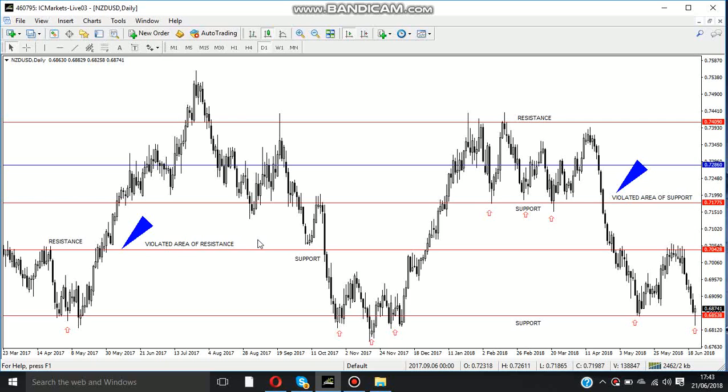So you've got this area here which was previously used as resistance when price tagged. It's come down to an area of support and it's rallied back up. In this move here, it was in a range. Price had broken out of that range and violated this area of resistance. The next time price came down, it reacted to this level and buyers stepped into the marketplace.